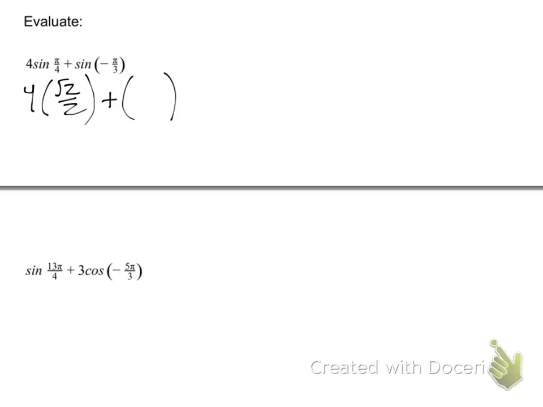Plus, I need to know the sine of negative pi over 3. That is 60 degrees, but if that's a negative 60 degrees, which means if I go downwards or backwards 60 degrees, where am I at? 300. What's the sine at 300?